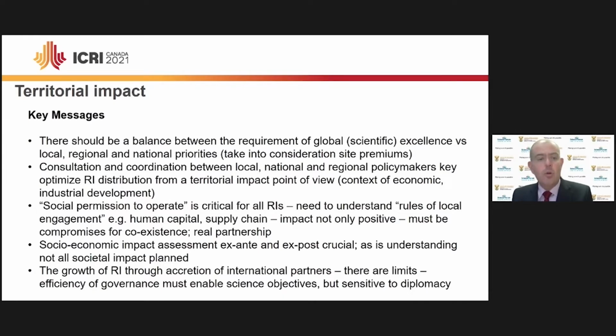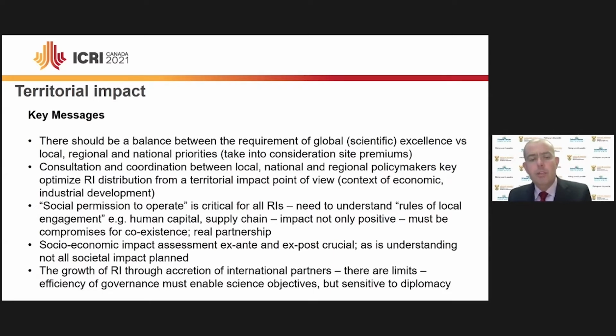So there's a need for compromises and understanding how these compromises for coexistence are made, and for that real partnership is required. It was emphasized during the session that there is a need for both ex ante and ex post socioeconomic impact assessment, as well as the understanding that often a significant part of this impact will not be planned.